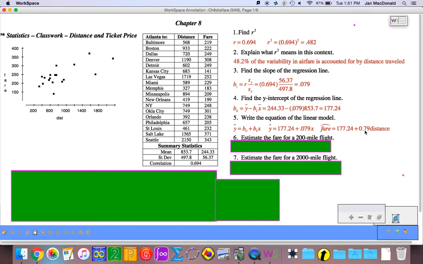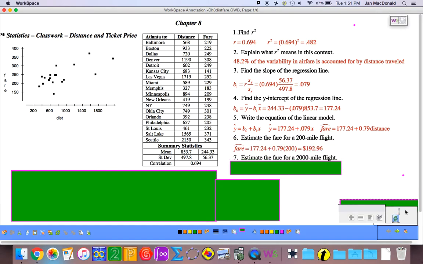Use this equation to estimate the fare for a 200-mile flight. Again, we're going to plug it in. Wherever we see distance, we're now going to substitute in the number 200. And here we would get an estimate of the cost would be $192.96.